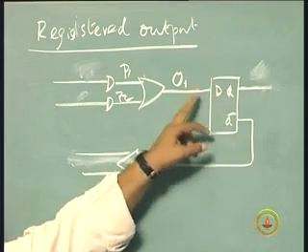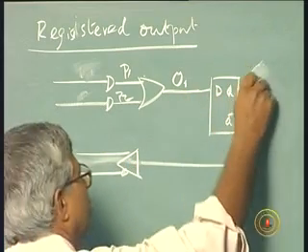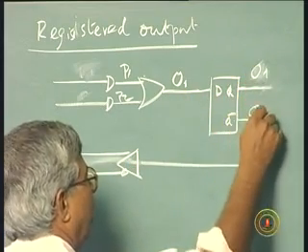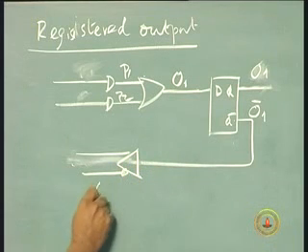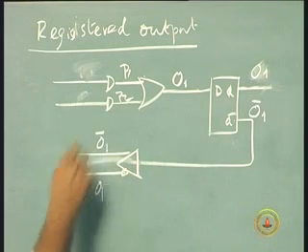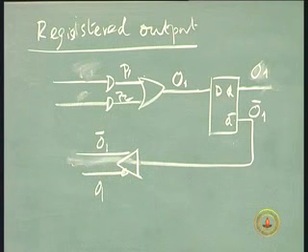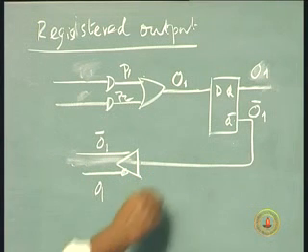Remember that this variable is O1, which is available here as O1, but this is O1 bar. So when you invert it, you have to make sure this is O1 bar, this is O1, this is O1 bar. The whole thing is within the IC.